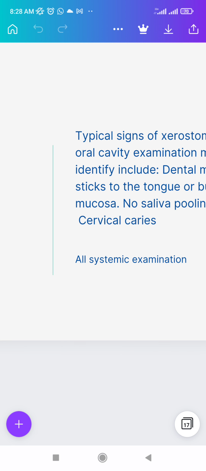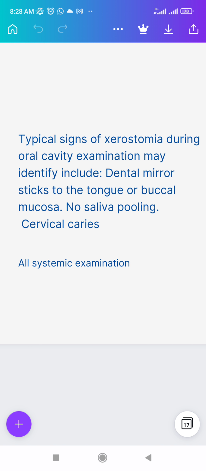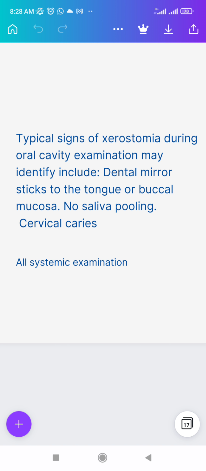In the examination, typical signs of xerostomia during oral cavity examination: you may identify dental mineral sticking to the tongue or buccal mucosa, there will be no saliva pooling, and you will notice cervical caries. In the rest of the examination, maybe there is arthritis, redness of the eye, and swelling of the salivary glands.